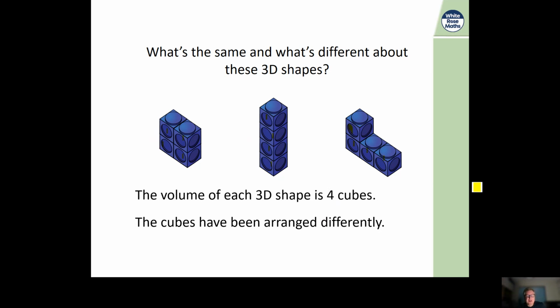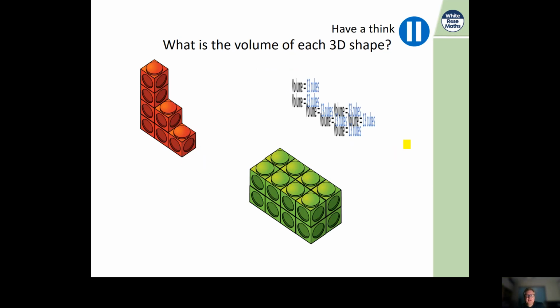So their position in space is different. This is almost like a wall of 4, a tower of 4. I'm not sure about this. An L of 4. Seven cubes.